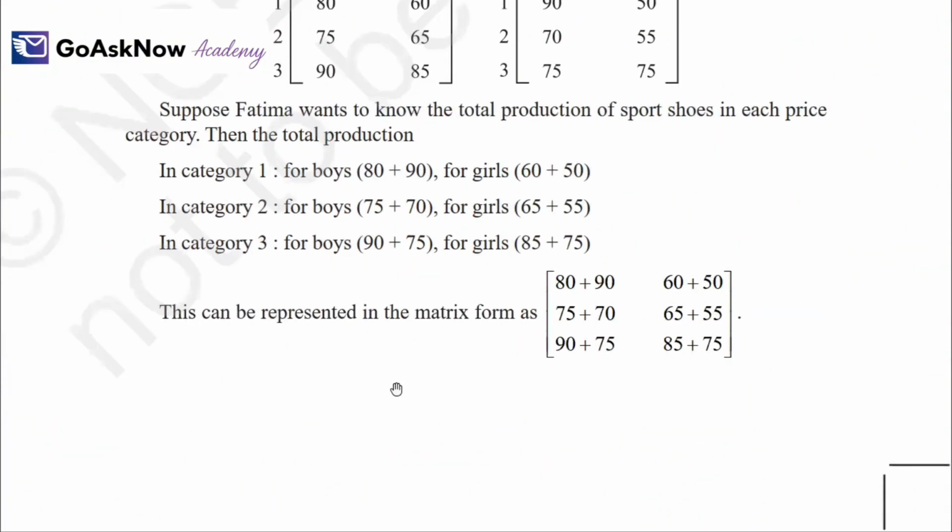This can also be represented in matrix form: 80 plus 90, then in the second column 60 plus 50, and in the second row 75 plus 70, then 65 plus 55, 90 plus 75, and 80 plus 85.